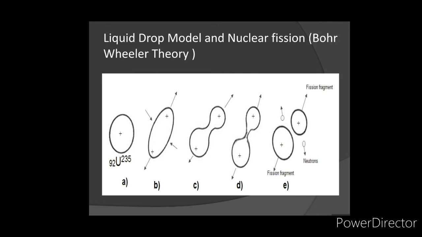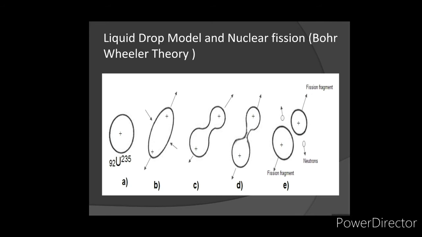That is represented by A. Due to the oscillations set up in the compound nucleus, the shape of the nucleus may change at times from spherical to ellipsoidal, and that is labeled as B in the figure. If the extra energy is large, then the oscillation may be so strong, and that stage is represented by C.